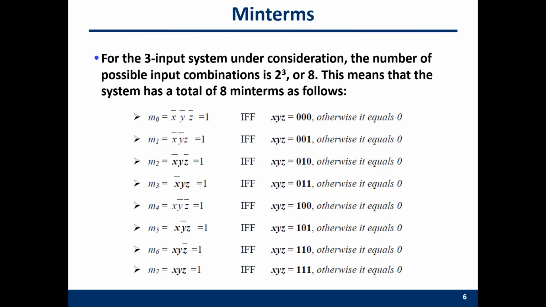If you convert this binary form 0, 1, 0 to its decimal form, then it's actually a 2. Since we have 3 variables here, totally we have 2 to the 3, which is 8 different combinations, and we also have 8 possible minterms.